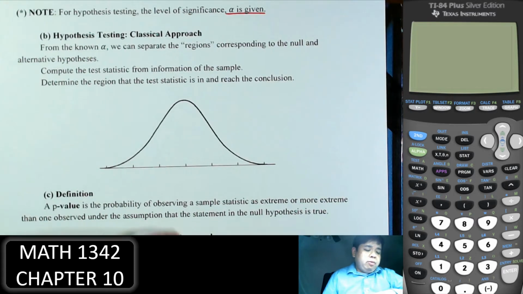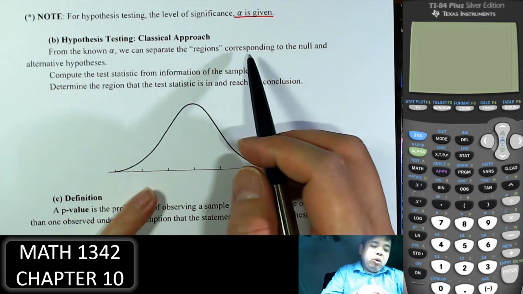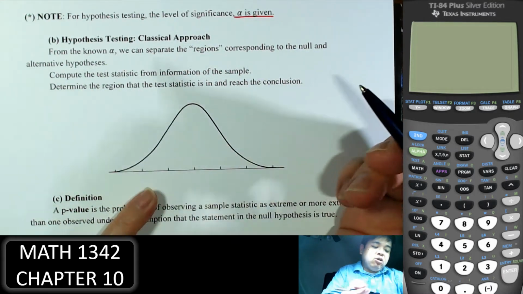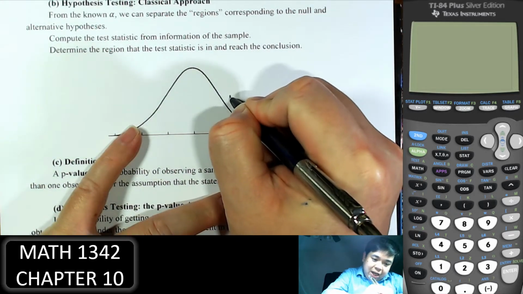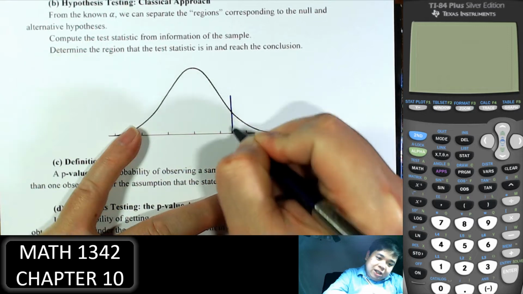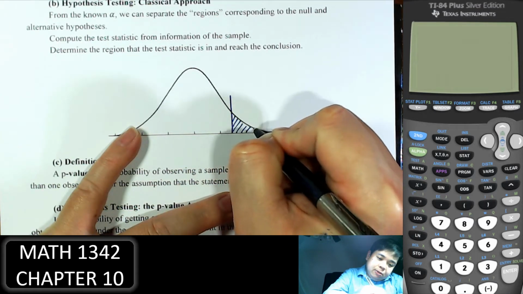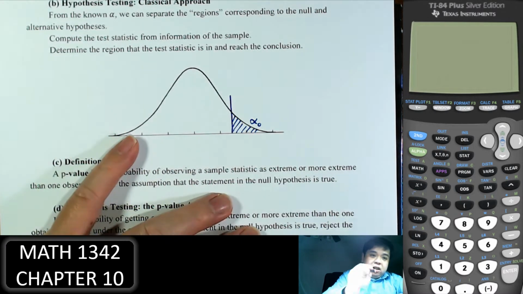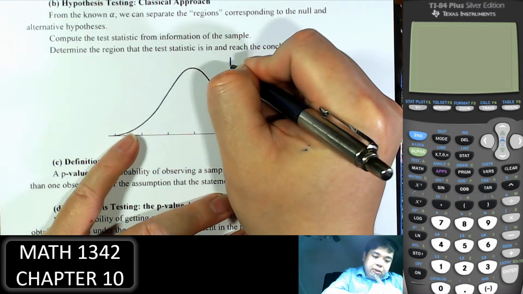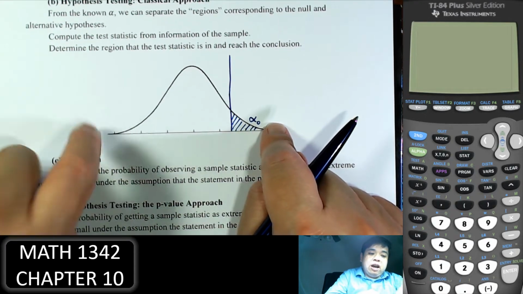Alright, so first we know the alpha. We can separate the regions corresponding to the null and the alternative hypothesis. For example, let's just say alpha is that much. And with that, we separate the bell curve into two regions, one on the right and one on the left.